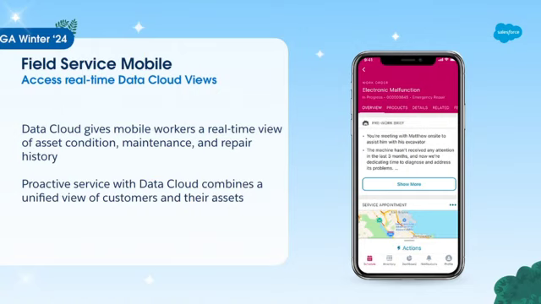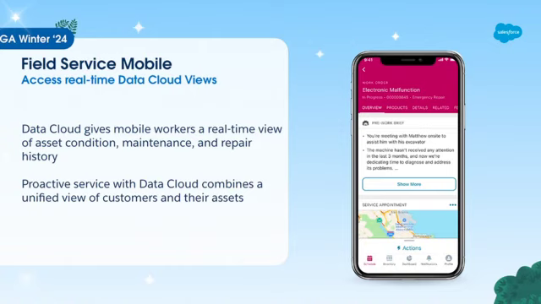So the first experience that I want to focus on is within Field Service Mobile. There is a standalone app for Field Service, and it's also implemented within the Salesforce mobile app. So Data Cloud allows Field Service users to give companies and customers a real-time view of asset condition, maintenance, and repair history.